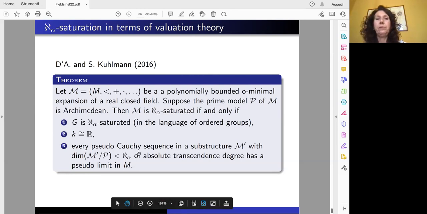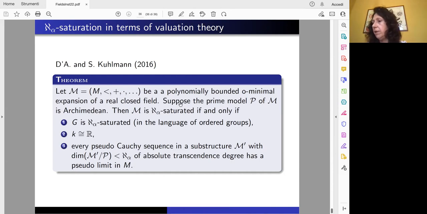For the other case, we don't know, and we may continue to work on this. In the non-polynomially bounded case, there is not a valuation inequality. So I don't know if maybe a different proof would work, or we could adapt something else. Again, this is always for aleph-zero saturation.